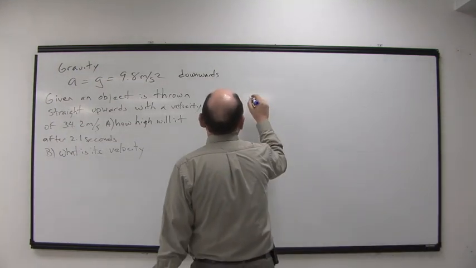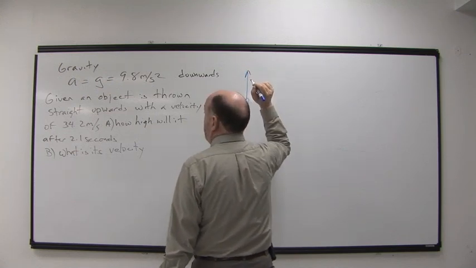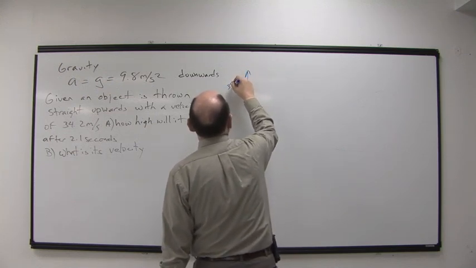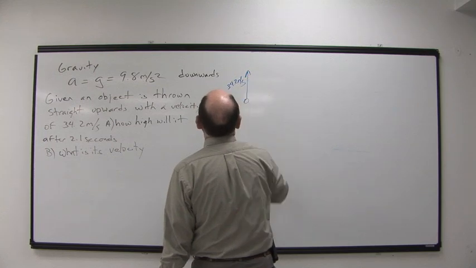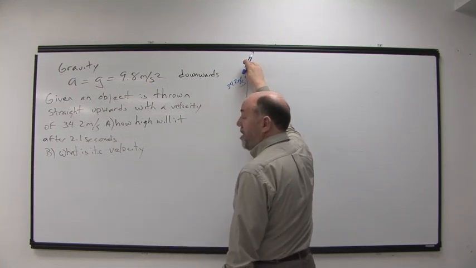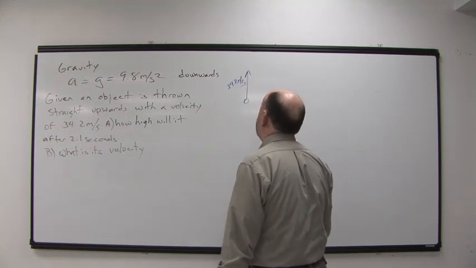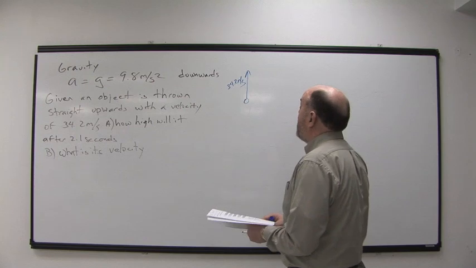Basically we have our object, we throw it straight up with a velocity of 34.2 meters per second. When we do that, it'll go up to a certain height, whatever that may be, and then it's going to come back down. Okay? What's acting on my object?